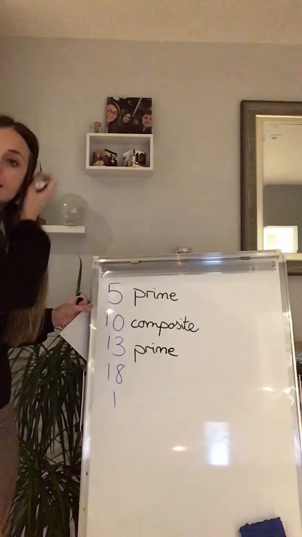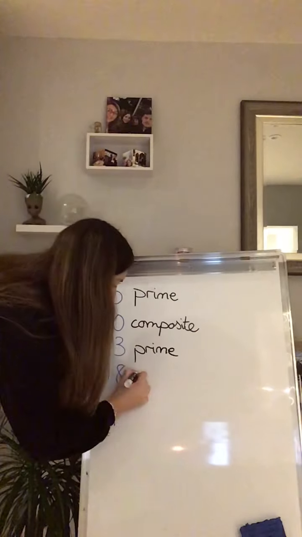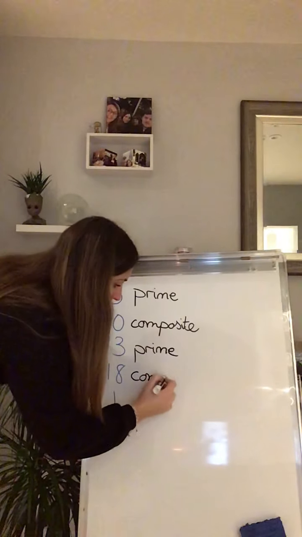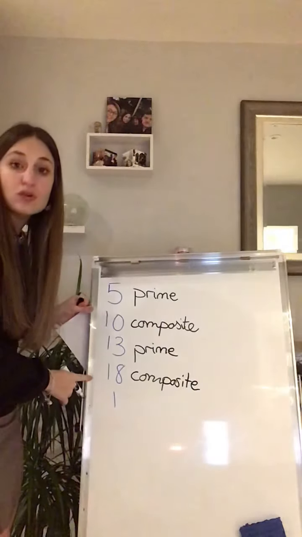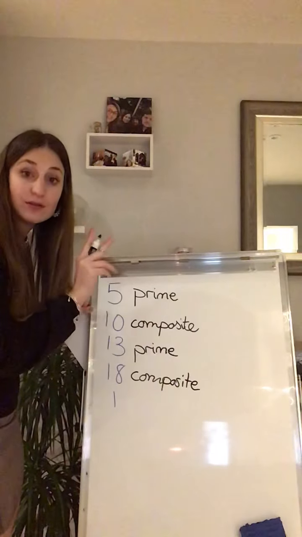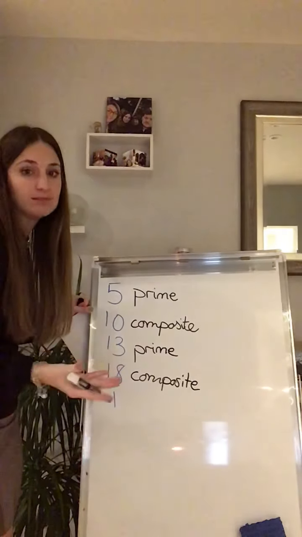What about 18? A composite number. You can get 18 by 2 times 9, so that's 2 factors so far, plus 1 and 18, 4 factors.